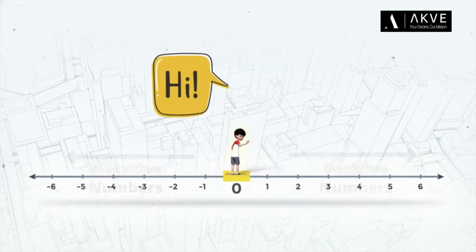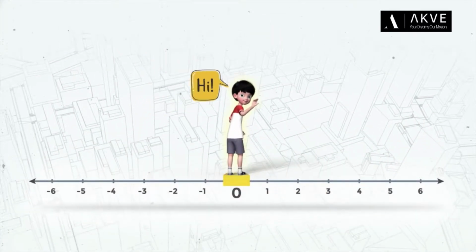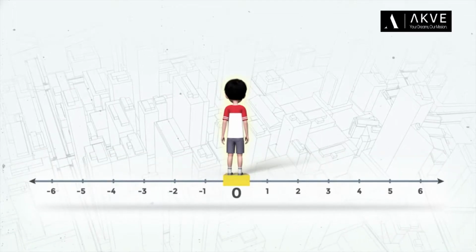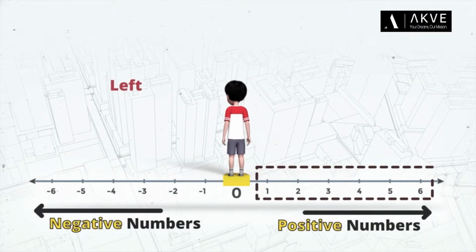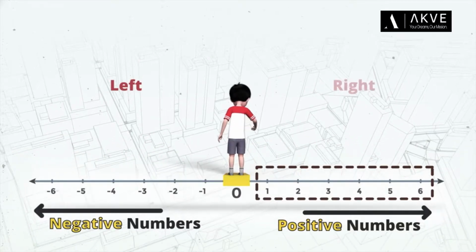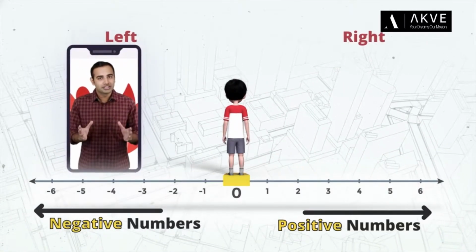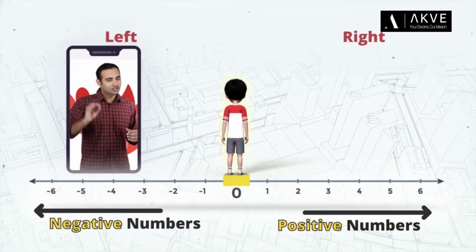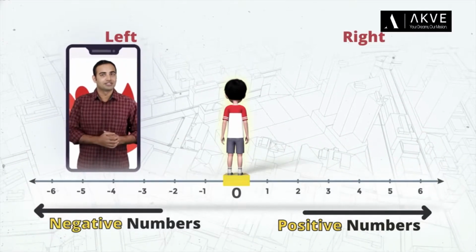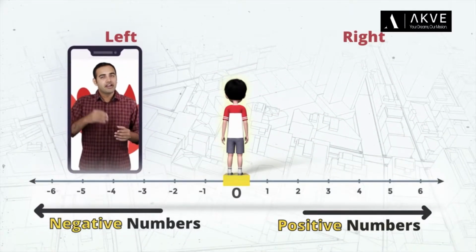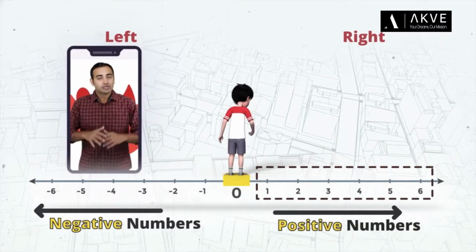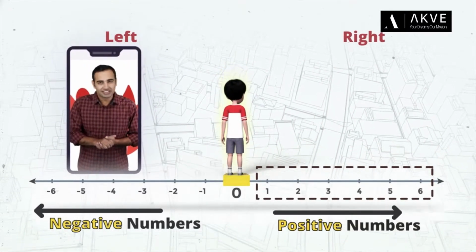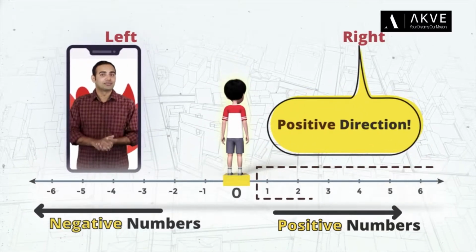So if an observer stands at the 0 mark while facing away from the camera, all the negative numbers fall towards his left and all the positive numbers fall towards his right. Based on this, we can give new names to our so-called left and right directions. As you can see, every number towards the right of our observer is a positive number. So the new name of the right direction should be positive direction.